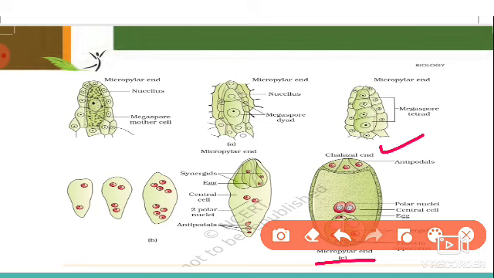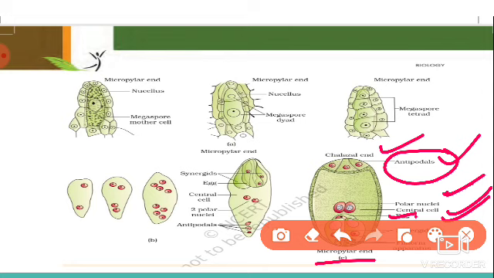And how the cells will arrange, first I will tell you the names of the cells: 3 antipodal cells, 2 synergid cells, 1 egg cell, and 2 polar nuclei. So 3 antipodal cells, 2 polar nuclei, 2 synergid cells, and 1 egg cell are going to be formed here.